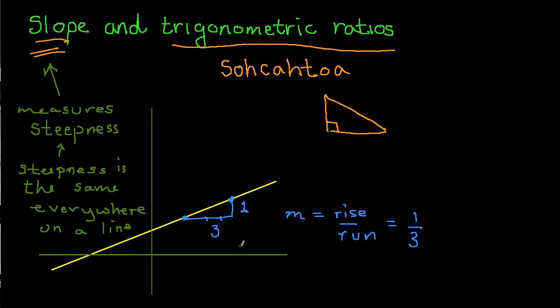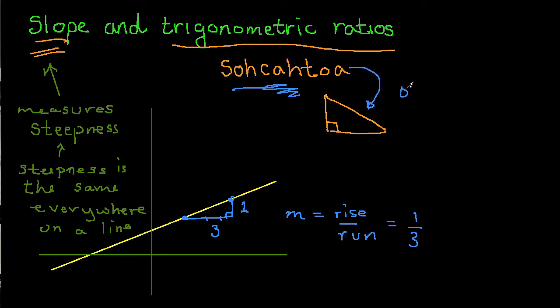Okay, and you might notice something about this rise and run line that I put in here, which is that surely they are at 90 degrees, because straight up and straight over are at 90 degrees. And if I were to fill in from this point to this point, you can see we have a little triangle here. Exactly the kind of triangle that we use SOHCAHTOA in. Because in order to use SOHCAHTOA, it has to be a right angle triangle.